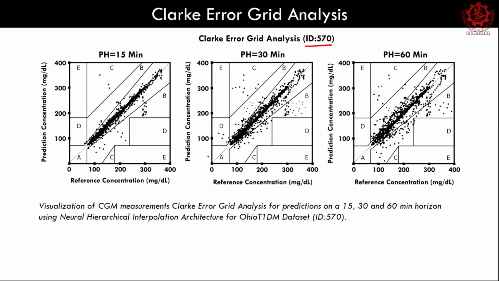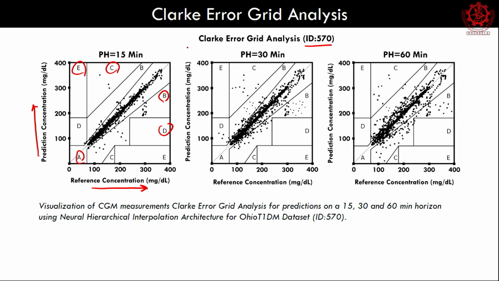In this Clarke error grid we have different regions, A, B, C, D and E. On the x-axis we have the original or real concentration that has been recorded, and on the y-axis the predicted concentration. The ideal plot is a linear plot.